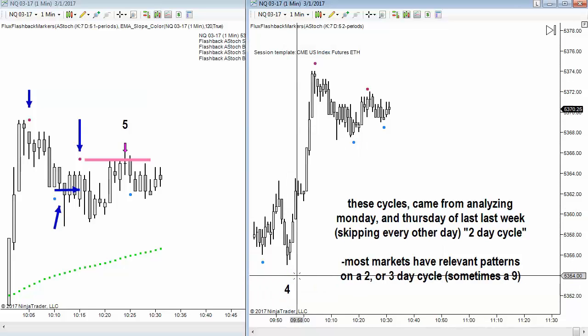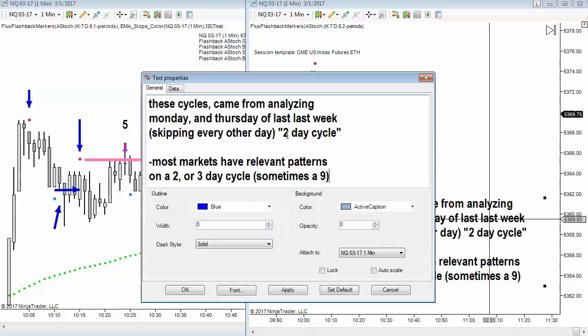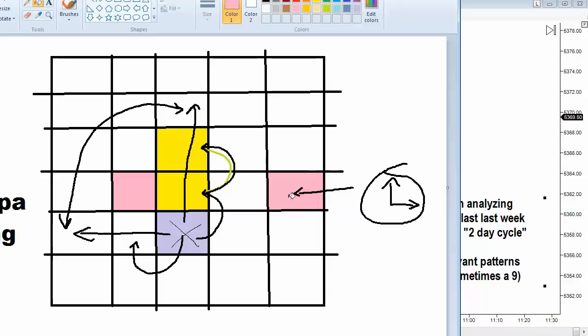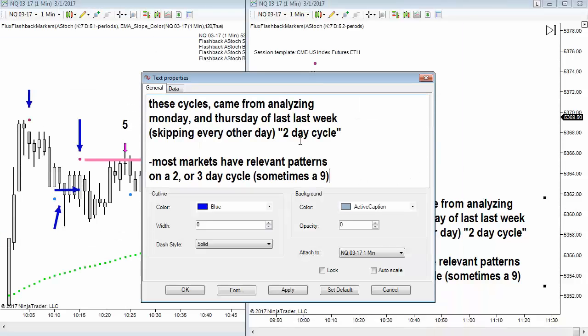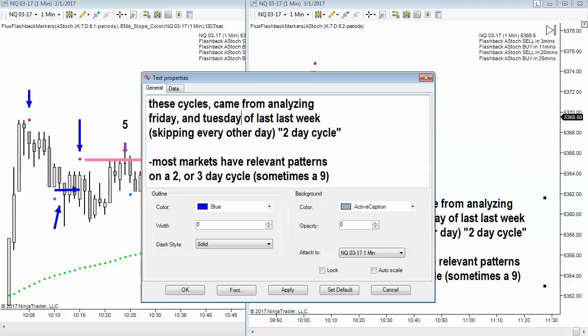Can everybody see how the cycle cleaned up? So now this chart, these cycles came from analyzing Friday and Tuesday of last week. And this is a 3-day cycle.